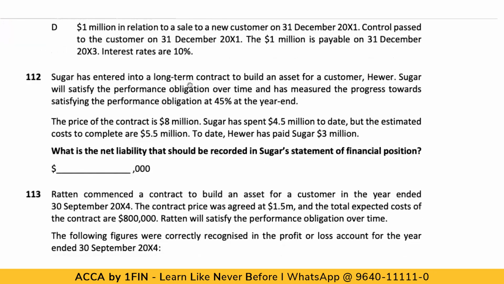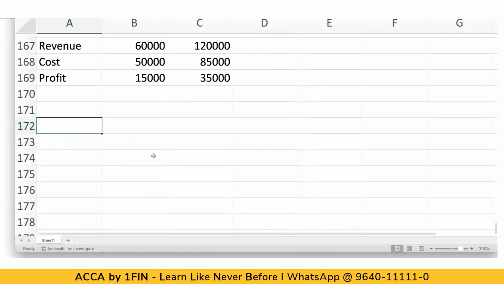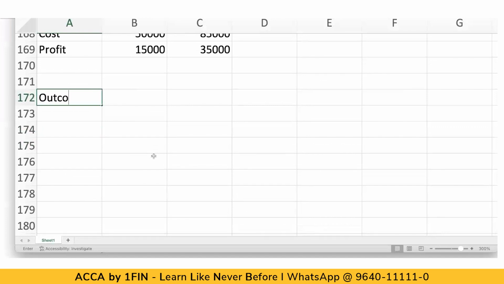So Sagar has entered into a long-term contract to build an asset for a customer. Sagar will satisfy the performance obligation over time and has measured the progress towards satisfying at 45%. Price is 8 million. Sagar has spent 4.5 million to date, but the estimated cost to complete is 5.5 million. To date, the customer has paid 3 million. Now here also we need to understand, we have to check the outcome of contract. See, in the previous case, I have not checked because the outcome of the contract is profit.